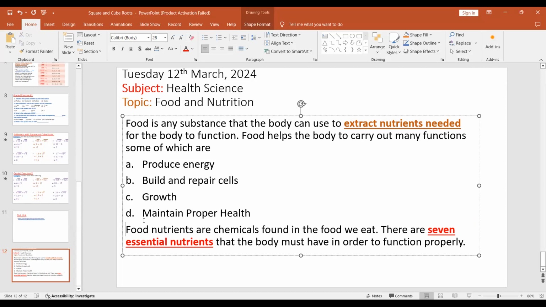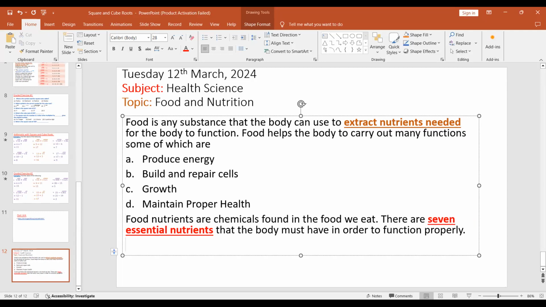Carbohydrates. Fats. Proteins, yes. What else? Minerals. Legumes are a form of protein. Fiber. Fiber, yes. Right? So let's list them off.